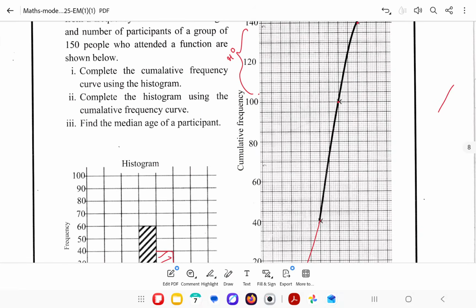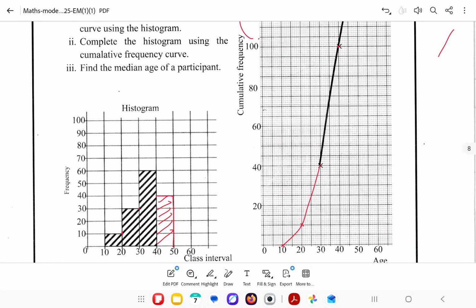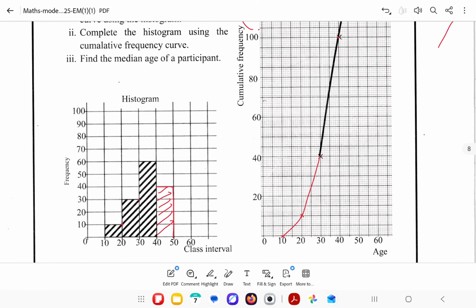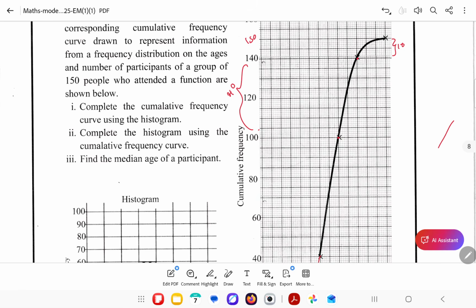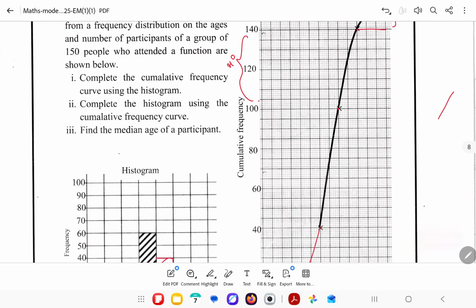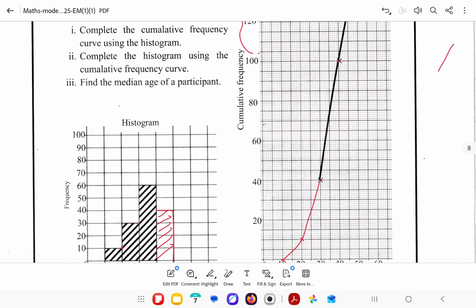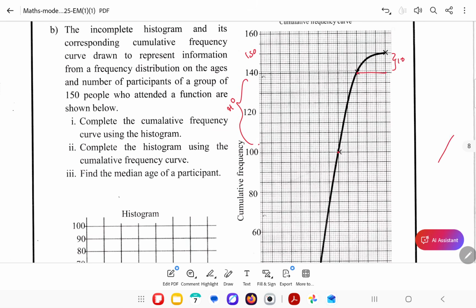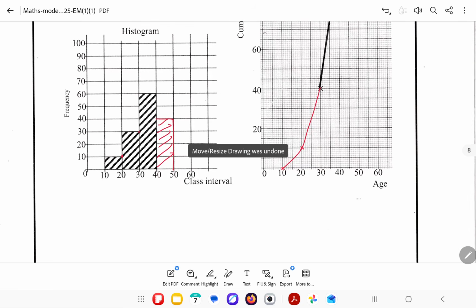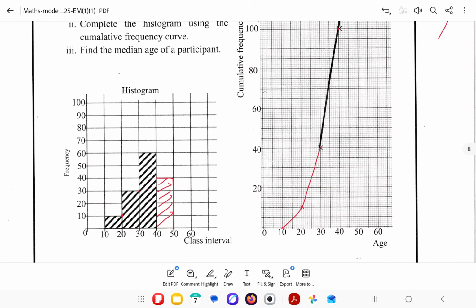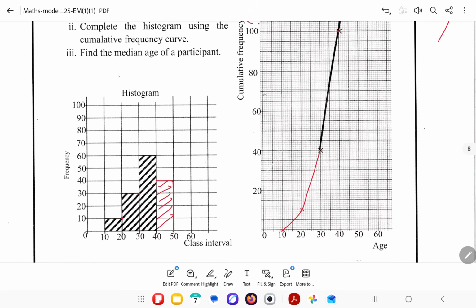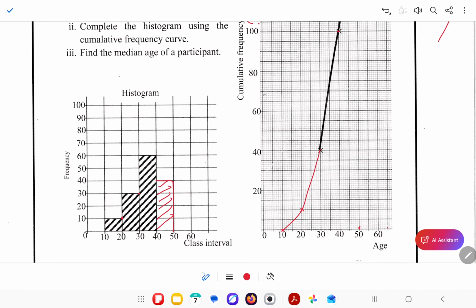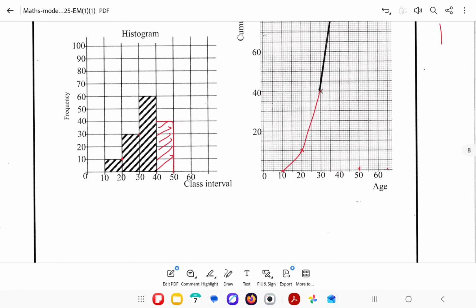So 50 to 60? No, not 50 to 60, it is 50 to 65.